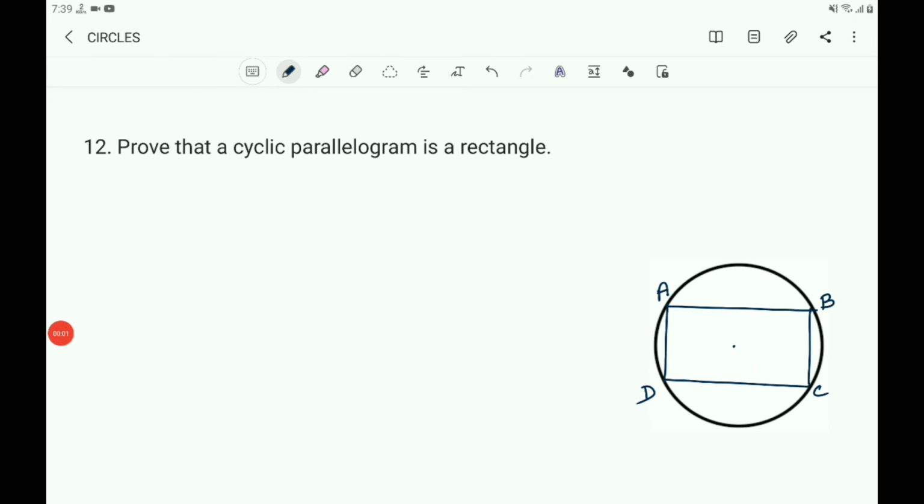Now the 12th question, prove that a cyclic parallelogram is a rectangle. Now let us consider a cyclic parallelogram ABCD whose vertices A, B, C and D lie on the circle. Now you write the solution.